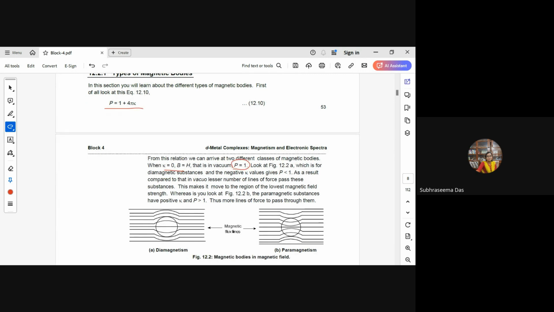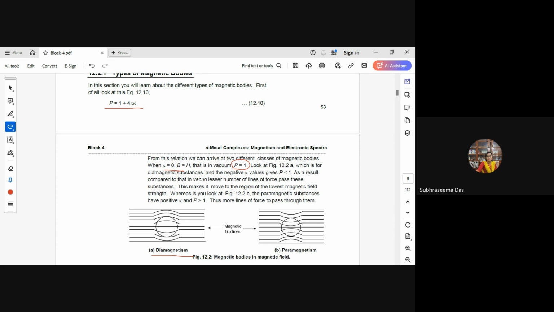When we look into figure 12.2a, it is for a diamagnetic substance, and here negative kappa values give the result that mu is less than 1. So this is one condition which shows that the magnetic permeability is less than 1.